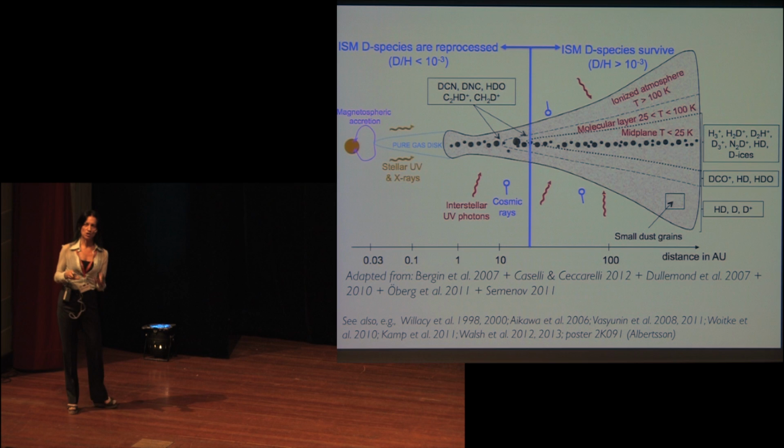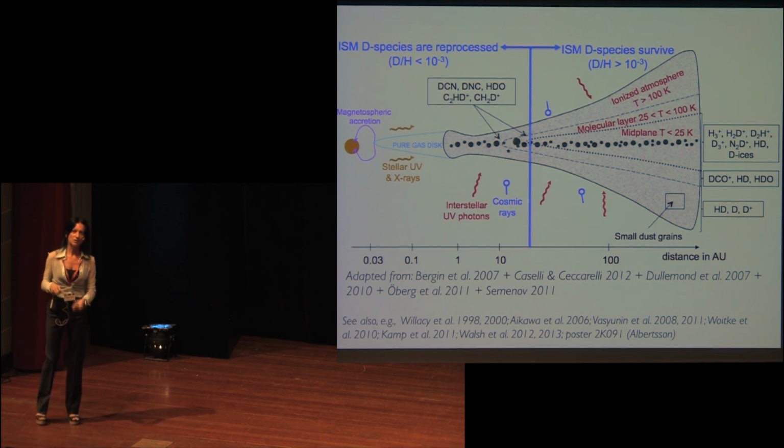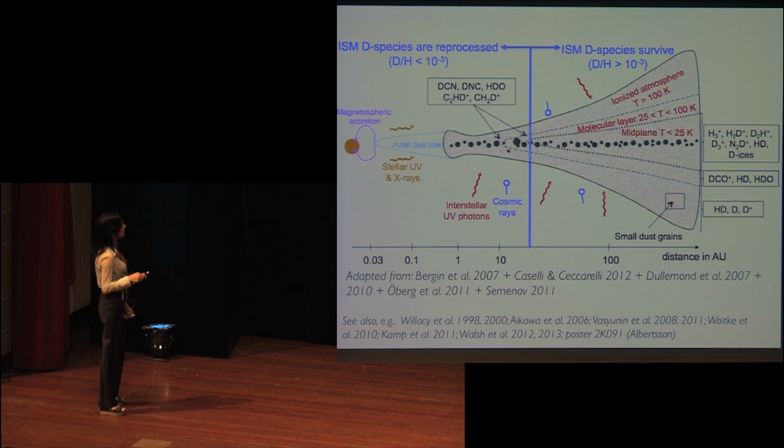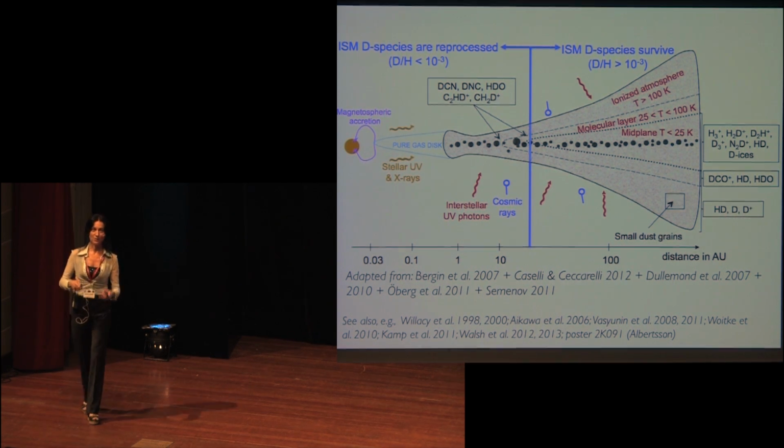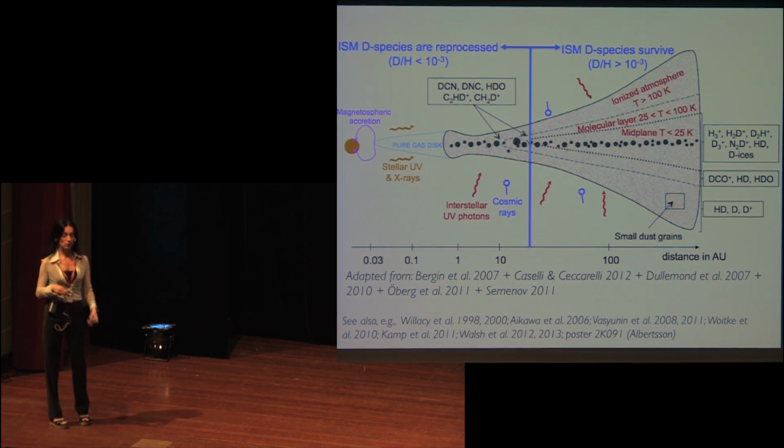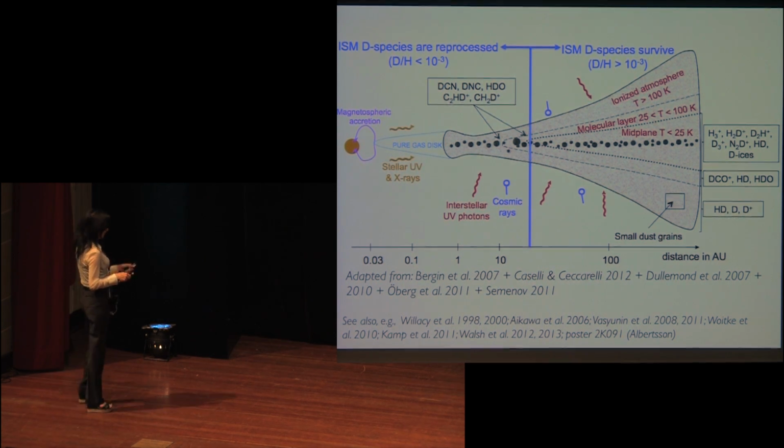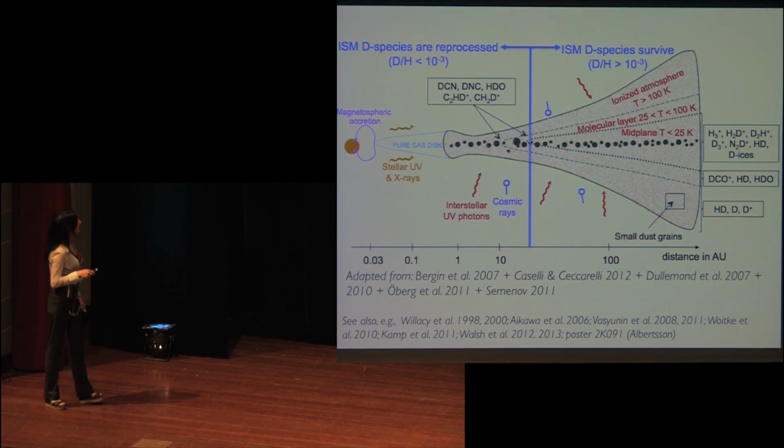Then to reach conditions similar to those in the prestellar cores, we have to go to the mid-plane, and here is where we believe the heavy deuteration is going to happen, and of course the freeze-out of neutrons. Of course, these things can be reprocessed by interstellar and stellar UV photons, as well as X-rays.